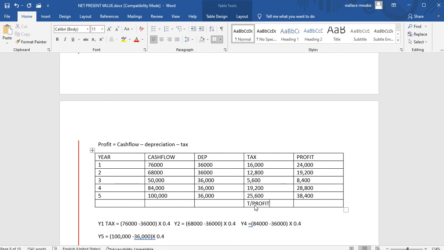We're going to get 118,800. We have our total profit.